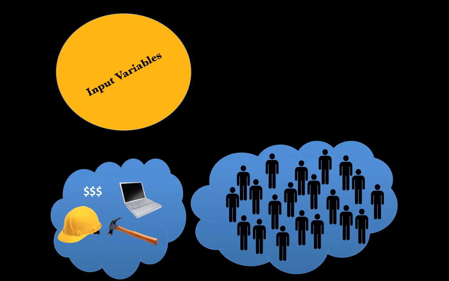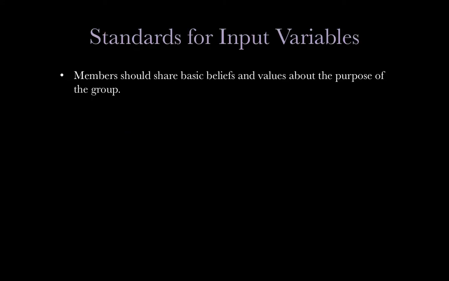Groups are made up strategically based on what individuals bring to the table, right? You have been put in groups, but think about any of the other groups you're a part of. Likely, any groups that have been formed for you were done strategically and specifically based on what you bring to the table, what other people bring to the table. Let's talk about some standards for input variables. We know that members should share basic beliefs and values about the purpose of a group.